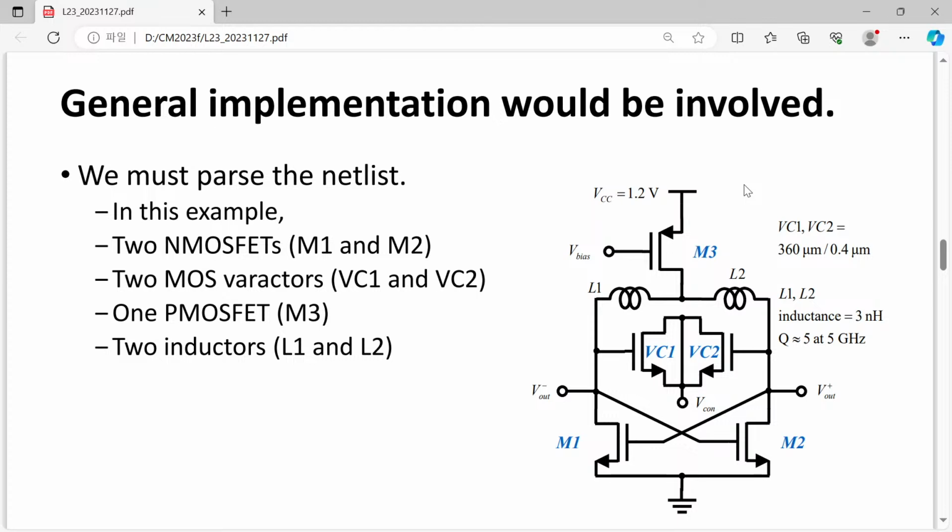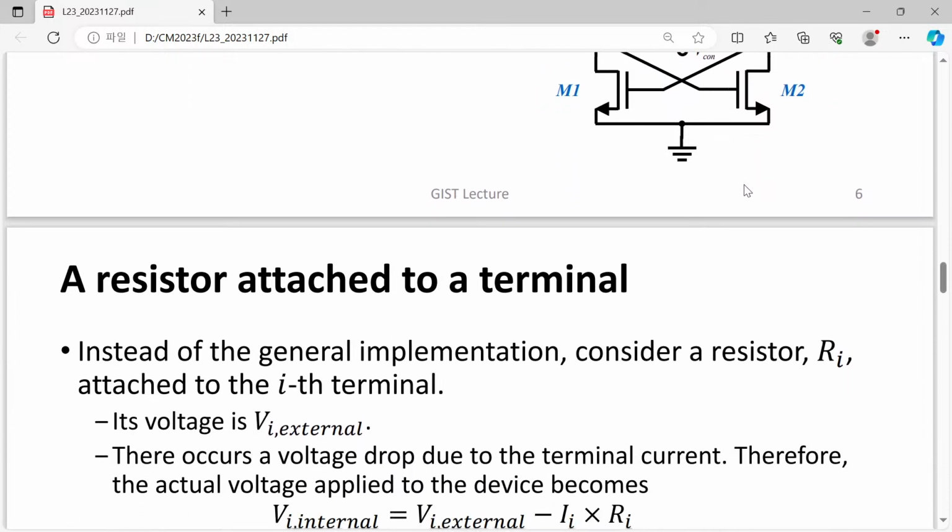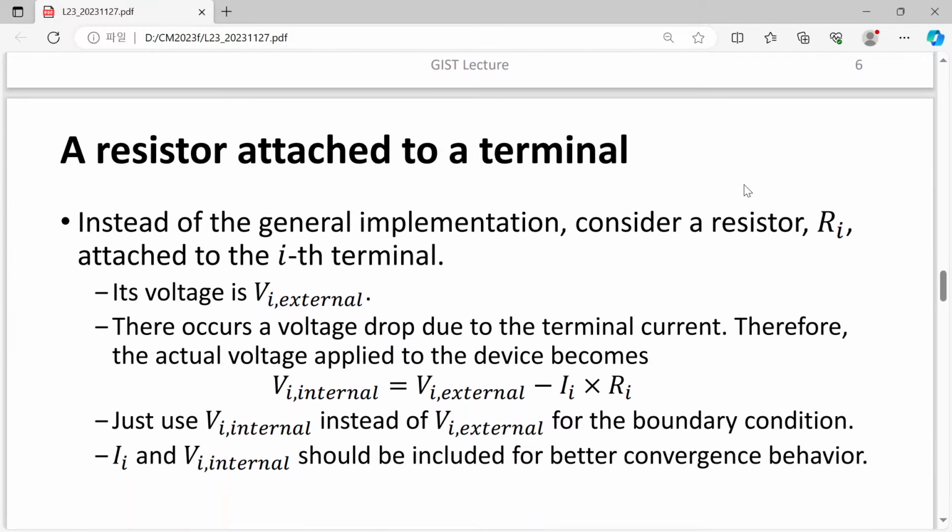In general, implementation of parsing the netlist would be a little bit difficult. So instead of considering this general parsing capability for the netlist file, we assume a specialized case where a resistor is attached to a terminal. Instead of the general implementation, consider a resistor called R sub i, which is attached to the ith terminal.